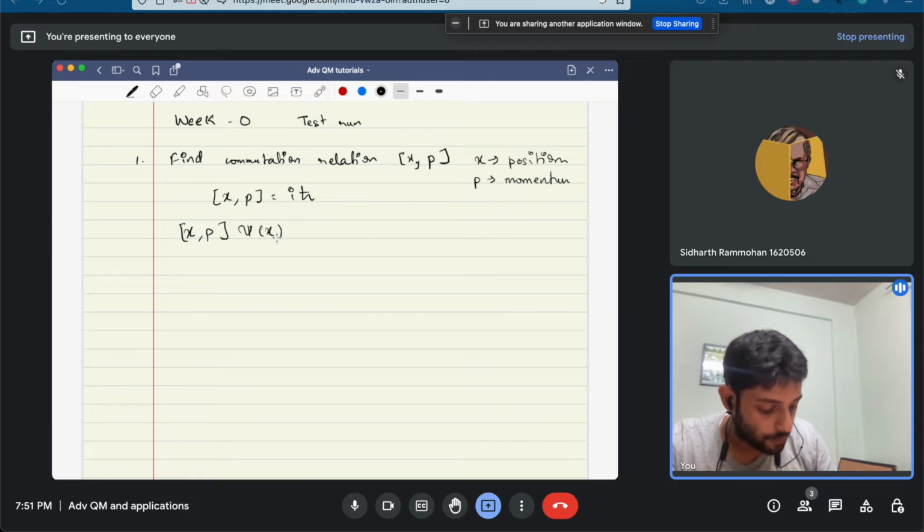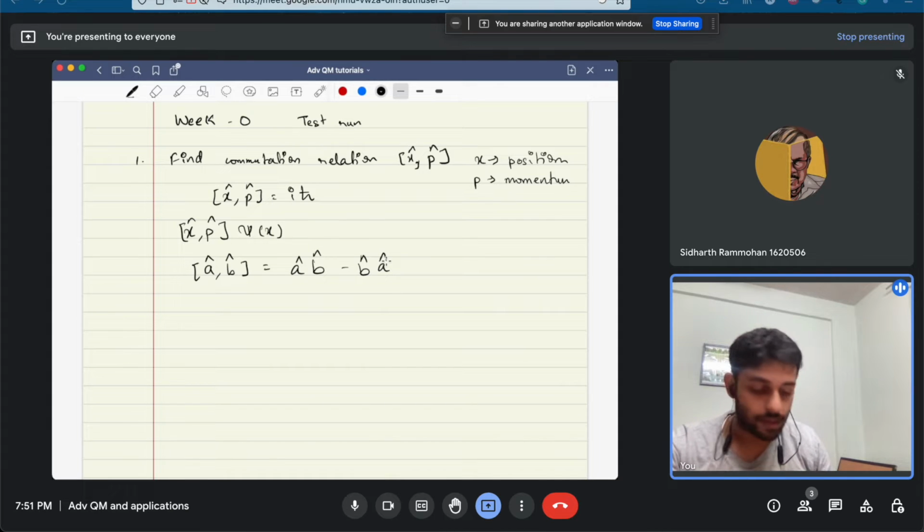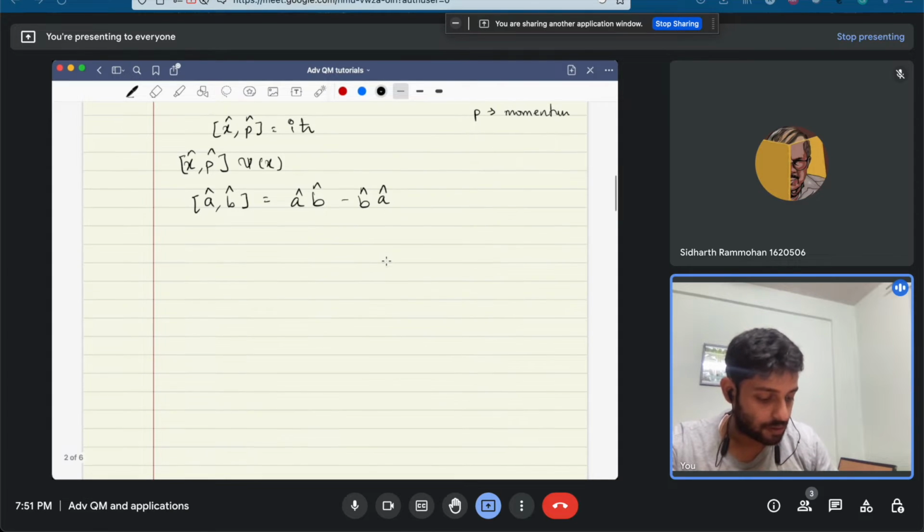Now, as we know, a commutator [A, B] is defined as AB minus BA, where these are all operators, and we are going to implement this onto the wave function psi of x.